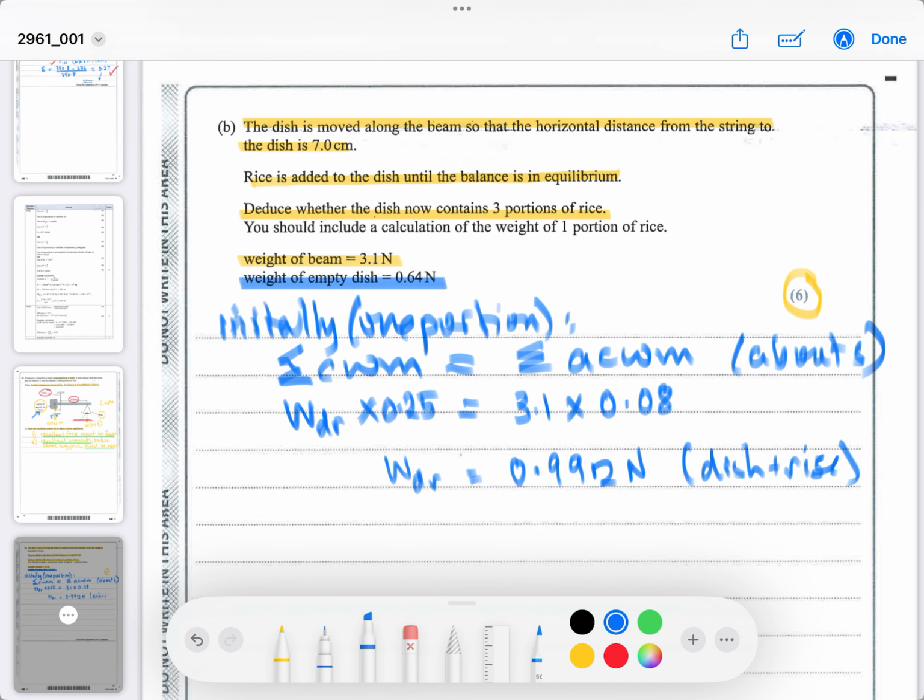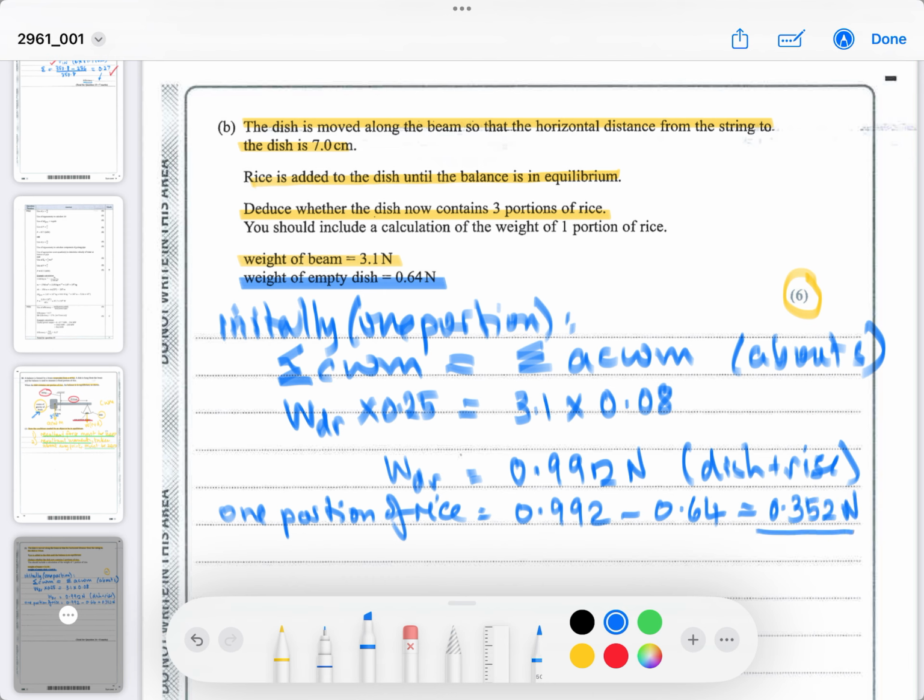So now we know one portion of rice equals 0.992 minus the weight of the dish, which is given above, underlined in blue, of 0.64. So the weight of one portion of rice is needed, and you'll see that it's 0.352 newtons.